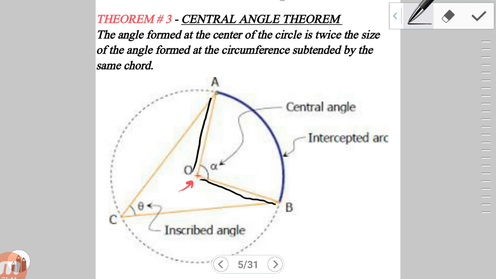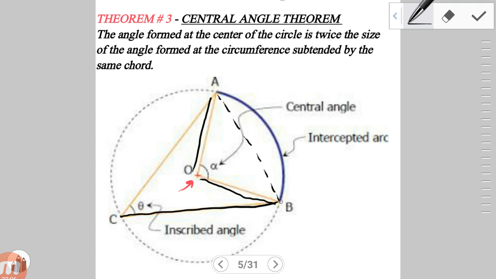This arc, or the chord connecting these points, has two other lines projected from it.